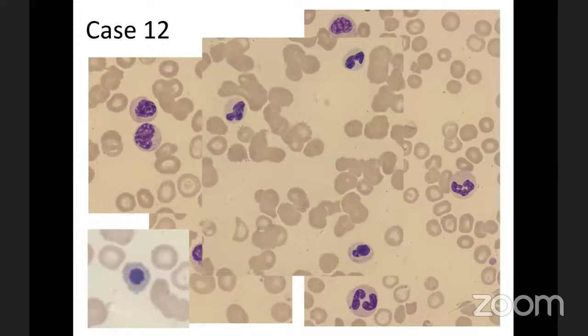And you need to do your FISH and cytogenetics to rule out recurrent cytogenetic abnormality and confirm that there is some marker related to myelodysplastic syndrome.